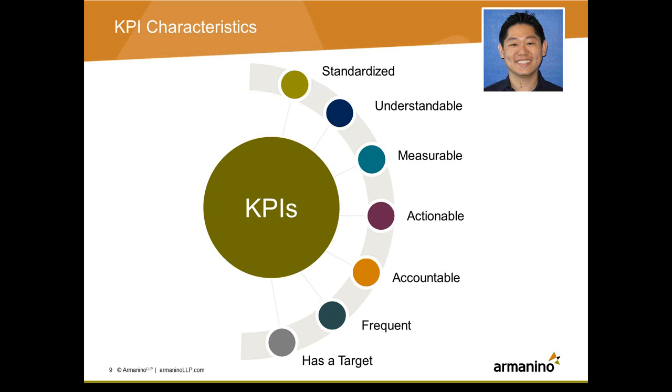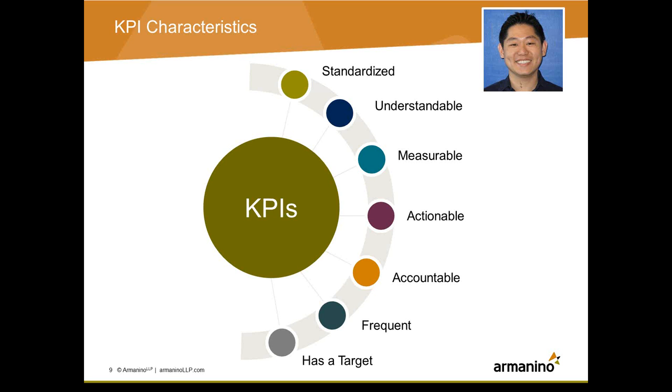There are some organizations that look at their KPI on a daily basis, but when it's daily, sometimes it might not be a KPI, but just a regular operational metric. We're going to touch upon that again a little bit later as part of the illustration as well. And I'm leaving one characteristic as the last one, which is has a target.